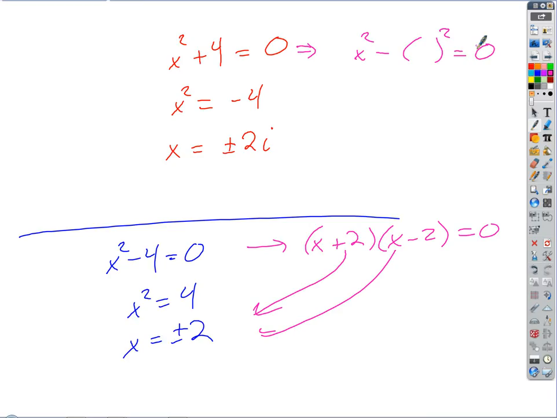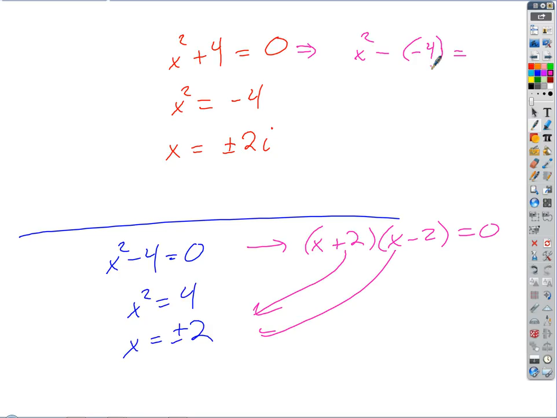Minus negative 4. I don't mean to put it squared yet. Right, we could write x squared plus 4 as x squared minus negative 4, right? Everybody see that? And negative 4 is something squared.